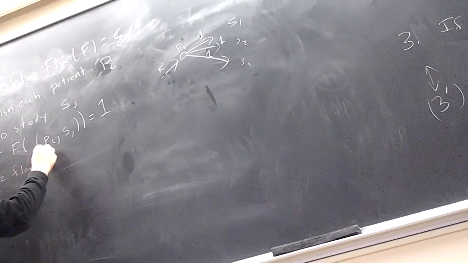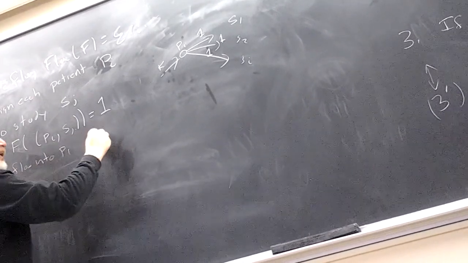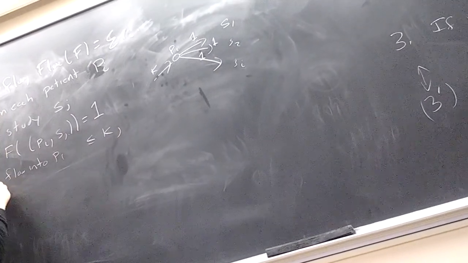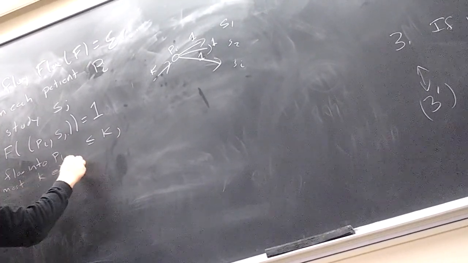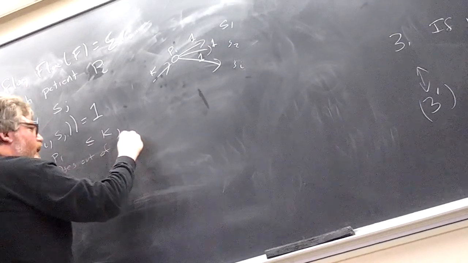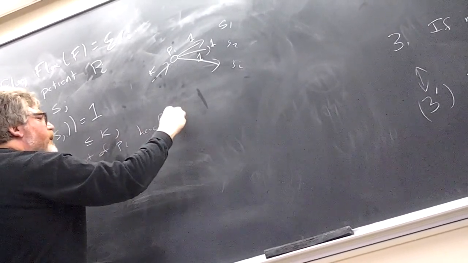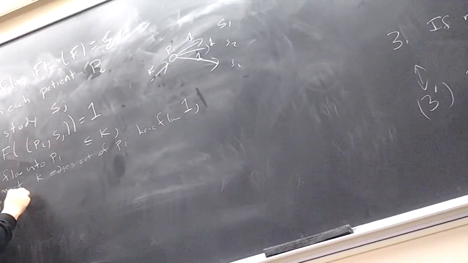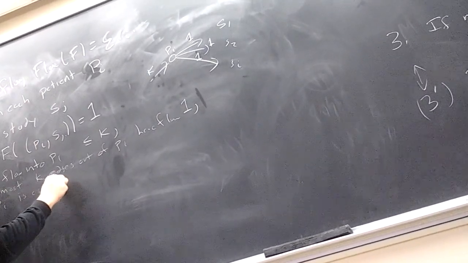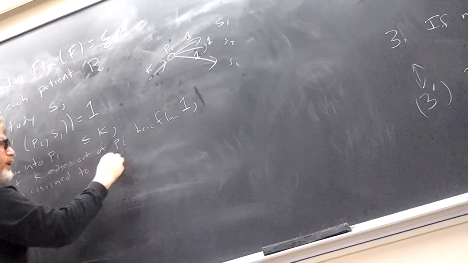So since the flow into Pi is less than or equal to k, at most k edges out of Pi have flow 1. So each Pi is assigned to less than or equal to k studies.